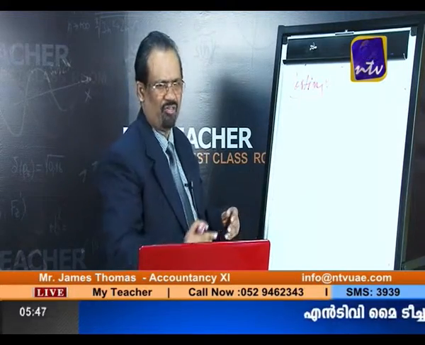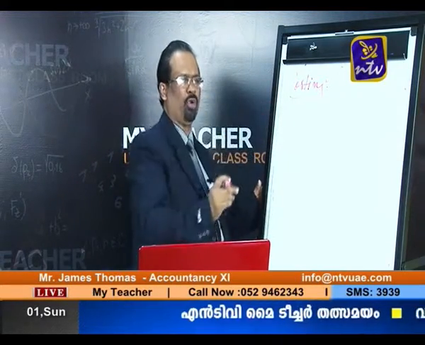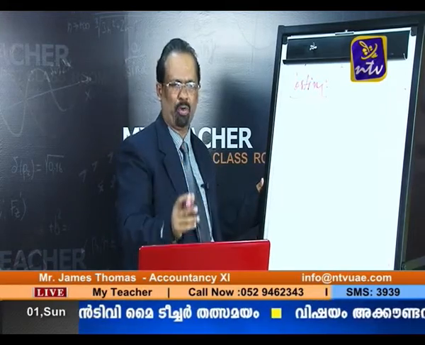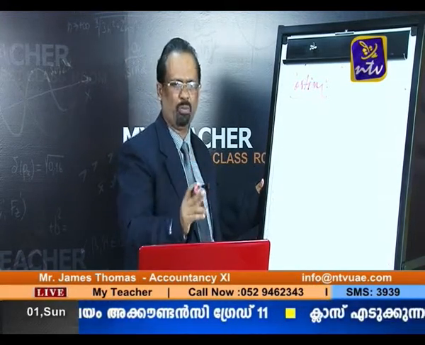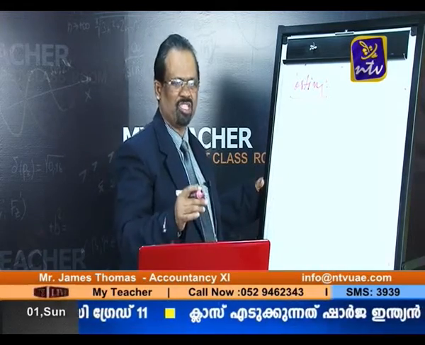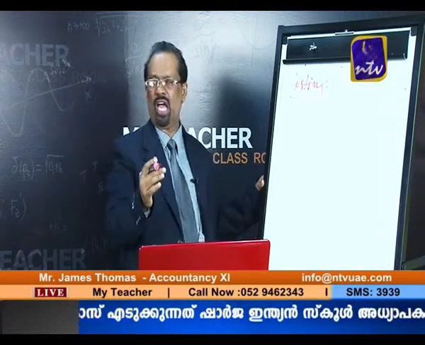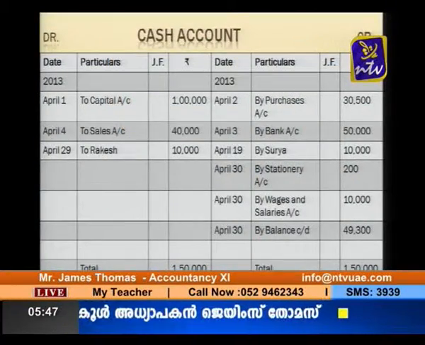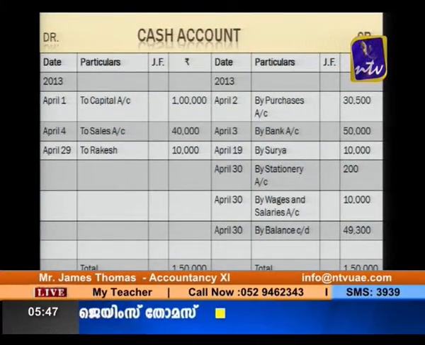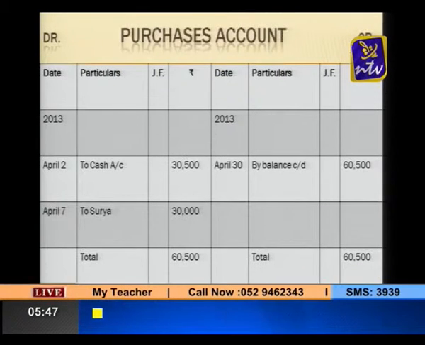So now listen, we are studying one by one. First point is journal, the second point is posting and ledger accounts, and the next point is balancing. The next point is that we get the entire balances. The last point, we are preparing the trial balance. Now you can see lots of ledger accounts, on the basis of my above explanations.